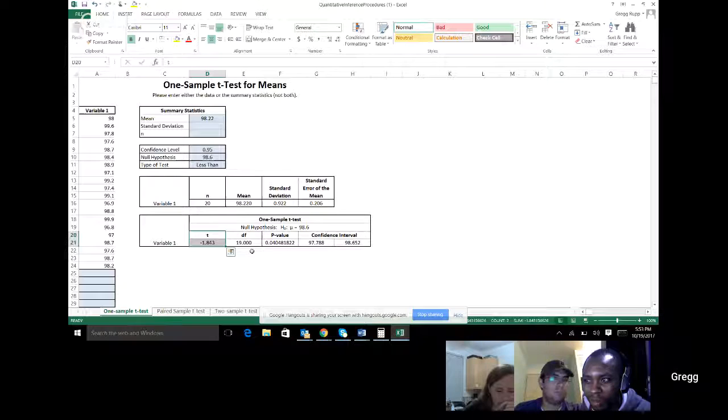What we're doing here, as we said when we had the teacher's assistant on, is that the one we're trying to see if it's right or not is the null. Everything is tested against the null. So if it's less than 0.05, we reject the null hypothesis, which basically means that the null hypothesis is not correct.